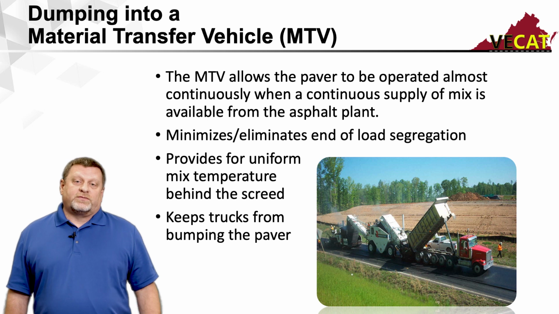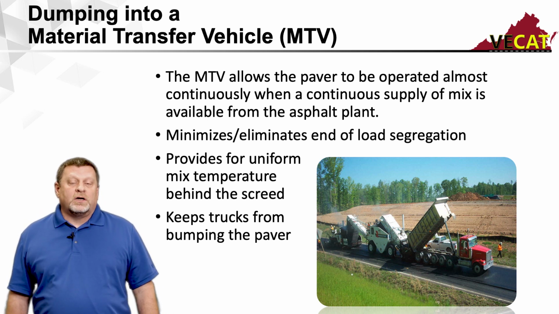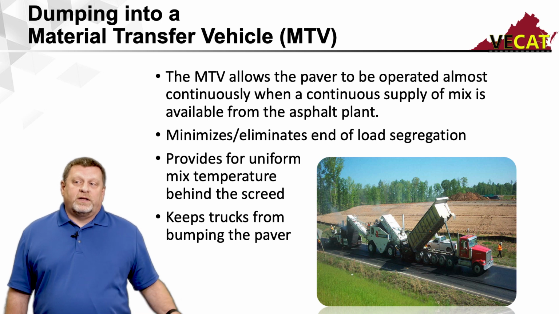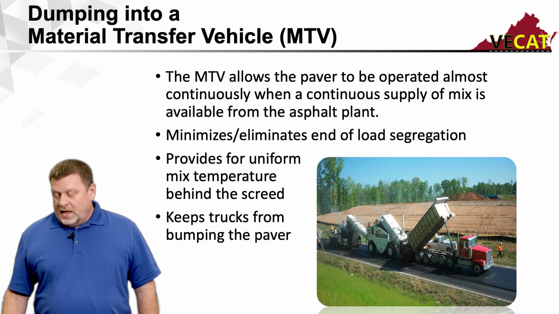As that load was hauled to the site, this load of asphalt got a crust on it. It cools off. The wind going across this tarp and across the top of this truck cools it compared to what's inside the middle. So by doing this remixing with the MTV, it helps make the mix that's going into the paver uniform in temperature. And as we said already a couple times, it does keep the truck from bumping into the paver.